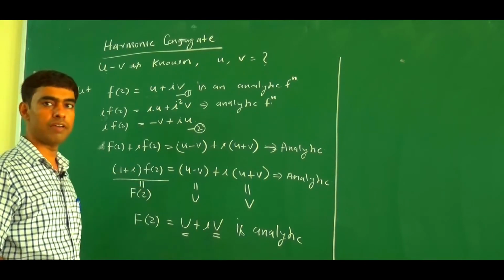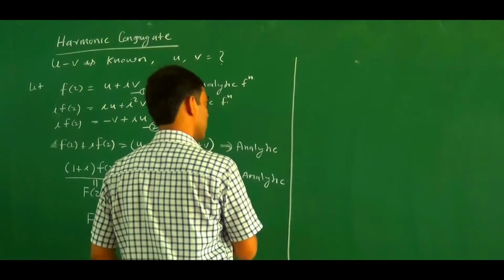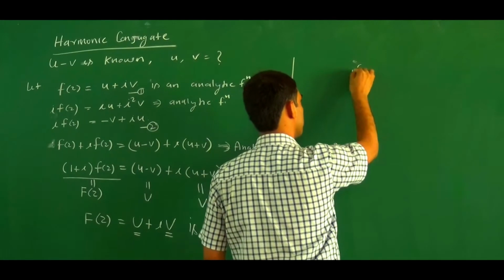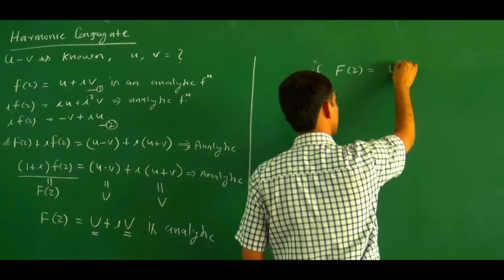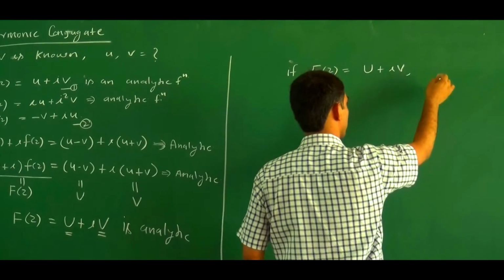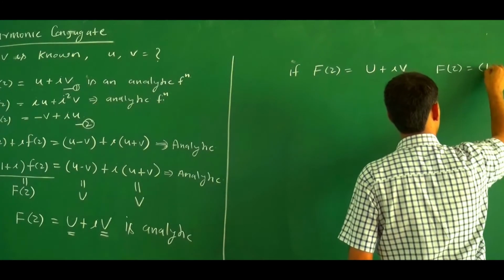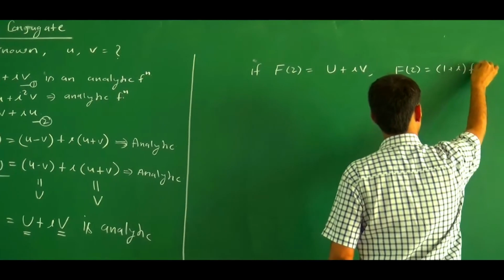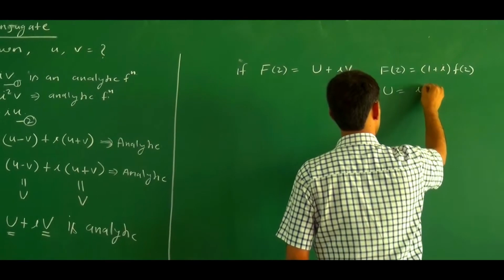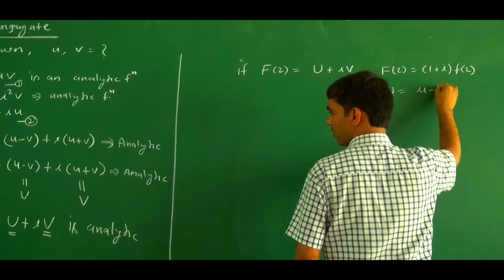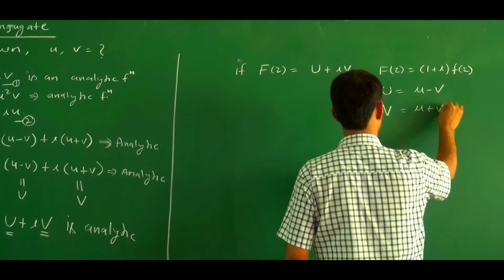Once we find capital Fz, then small fz is capital Fz divided by 1 plus i. So here we write: if Fz equals U plus iV, where fz equals (1 plus i) Fz, and U equals u minus v, and V equals u plus v.